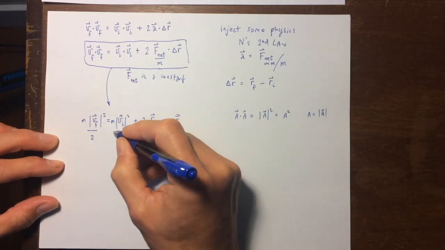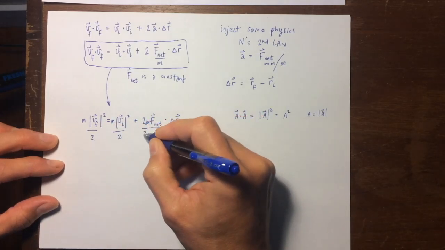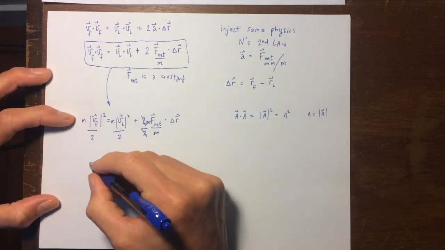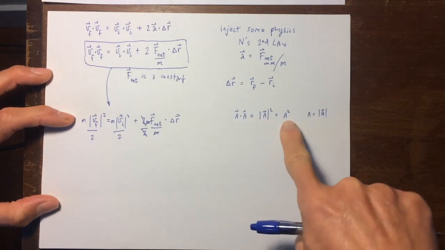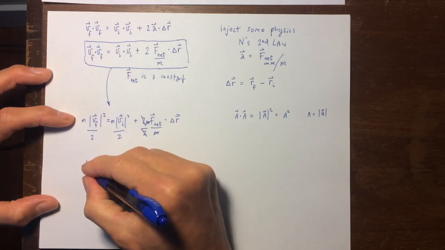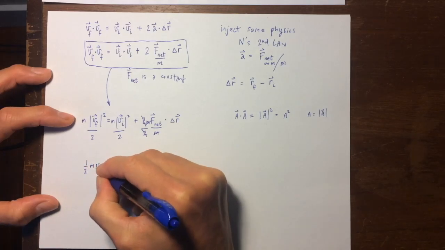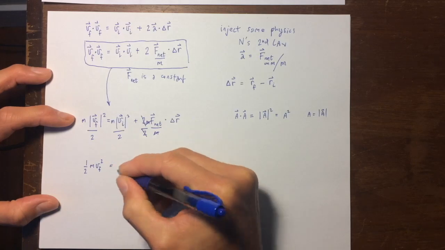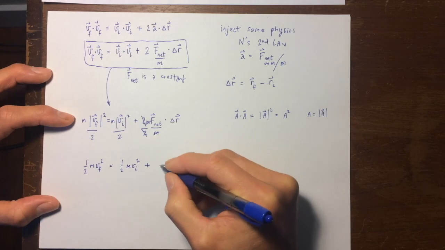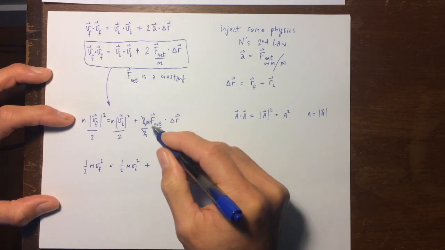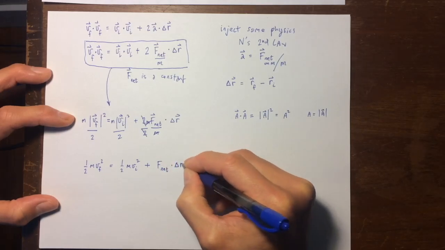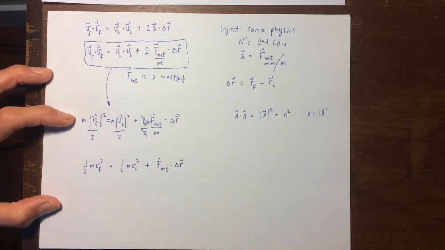If I divide by 2 here, the 2's cancel. Then if I clean this up a little bit, using the other way to write the magnitude of a vector squared, this is 1/2 m v final squared equals 1/2 m v initial squared plus, so that the 2's and the m's are gone, F net dot delta R.